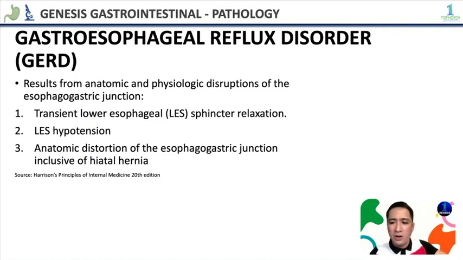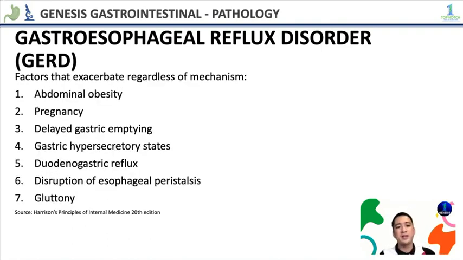Just for example, wherein there is case of hiatal hernia. And what are the other risk factors that may exacerbate your GERD, your gastroesophageal reflux disorder? Abdominal obesity, pregnancy. Both of this, what is the similarity? They present with an increased intra-abdominal pressure.